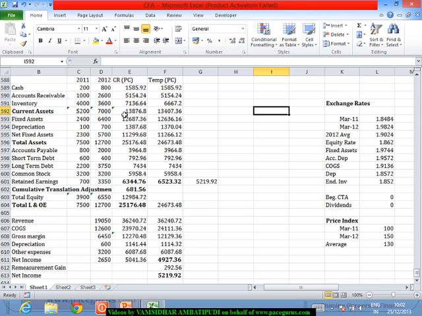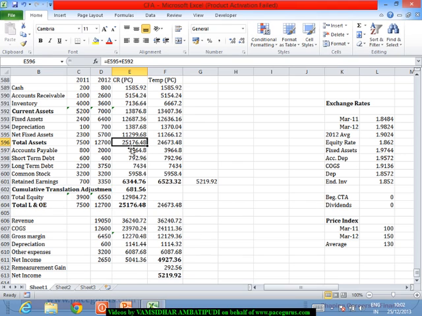So in that case, we see that the current rate method will result in higher current assets and probably higher total assets, because every asset is measured with respect to the current exchange rate itself.